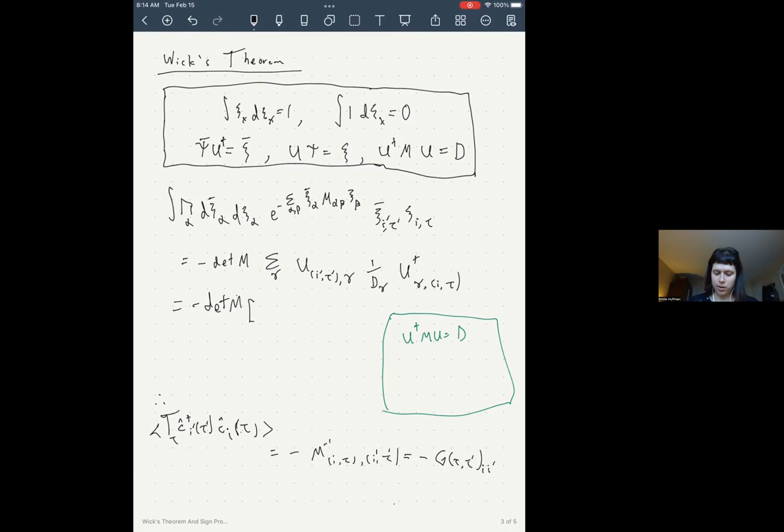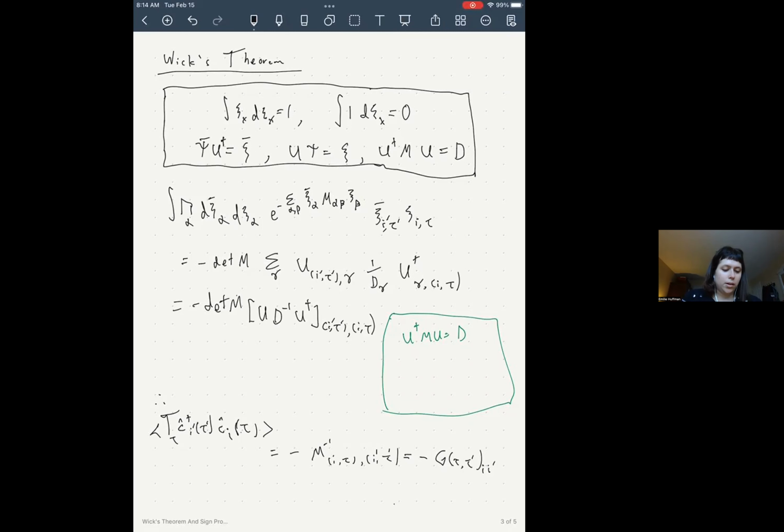And then here, we're going to have u, and then this is 1 over the diagonals. So we can actually just write this as the inverse of the D matrix, u dagger, and then we have our I prime, tau prime, I tau element.